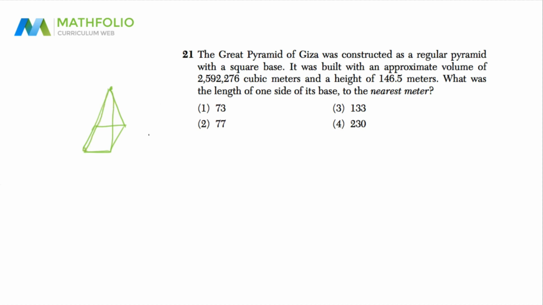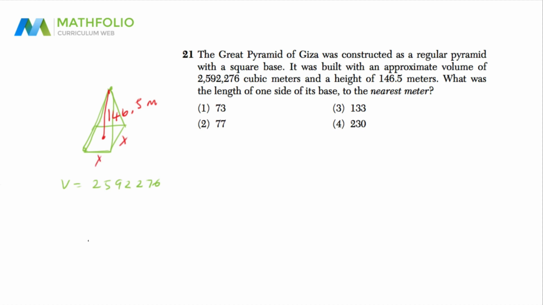So it says the volume of this shape is 2592276, and a height of 146.5. So that height is from the very peak, it's really called the altitude, all the way down. So this is 146.5 meters. And it says what was one length of the side of its base to the nearest meter. So let's call it x.